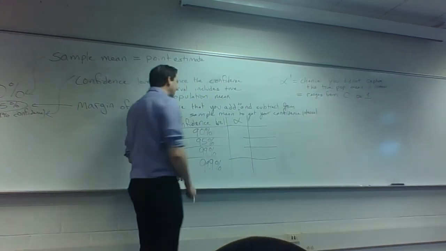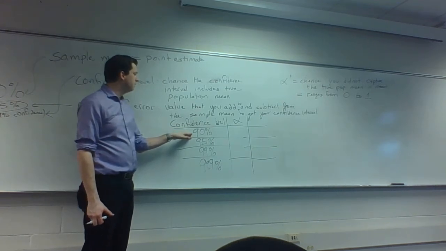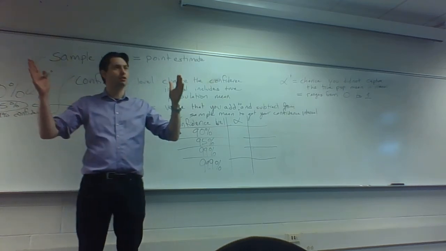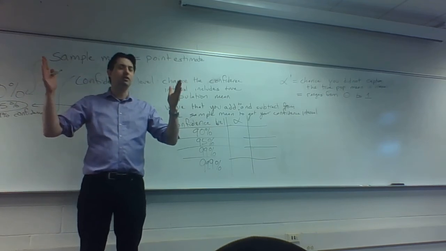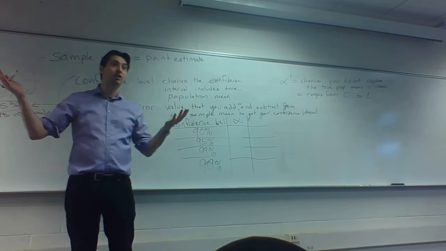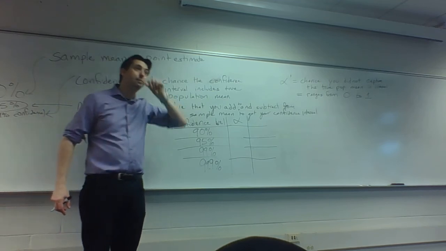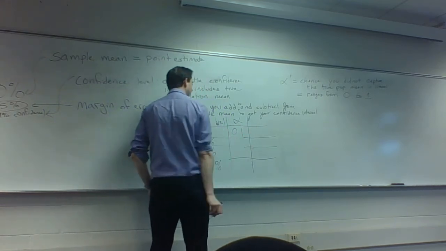And you can mathematically determine it really easily. If there's a 90% chance that we got this range, what's the chance that the true population mean is not in this range? If it's a 90% chance it is, it's a 10% chance it's not. But alpha is always described between 0 and 1, so a 10% chance is 0.1.